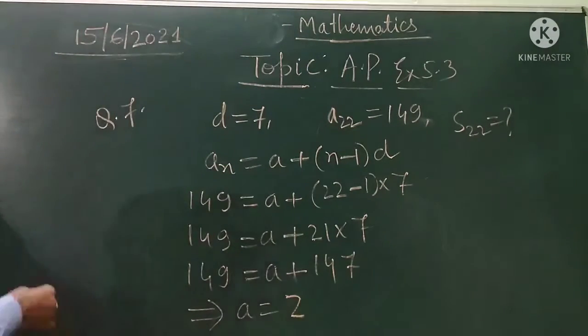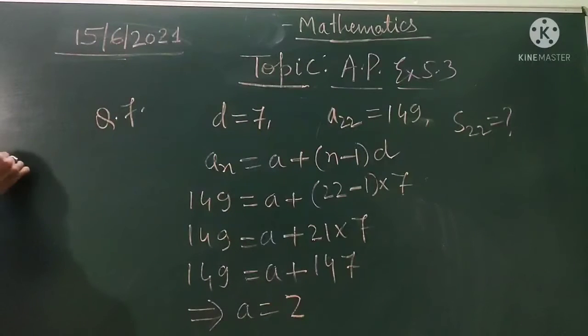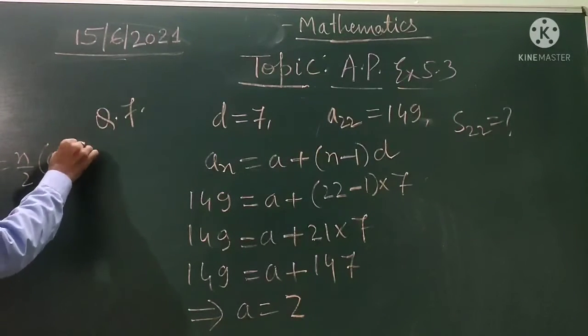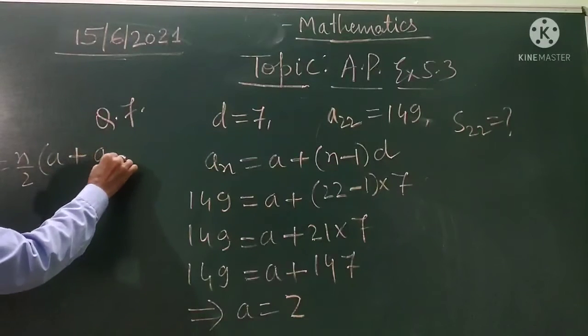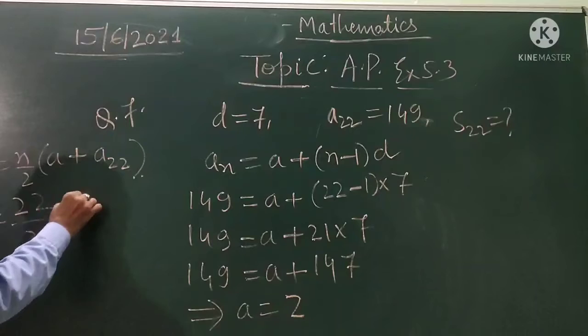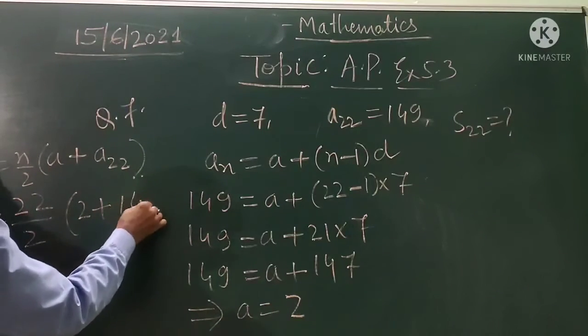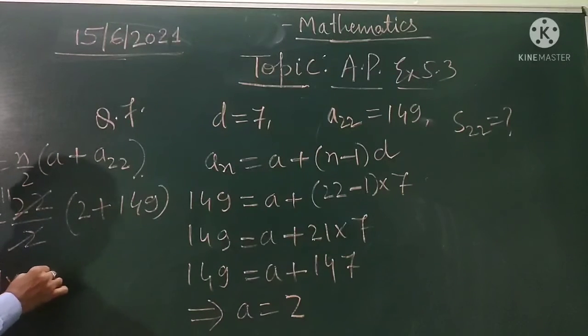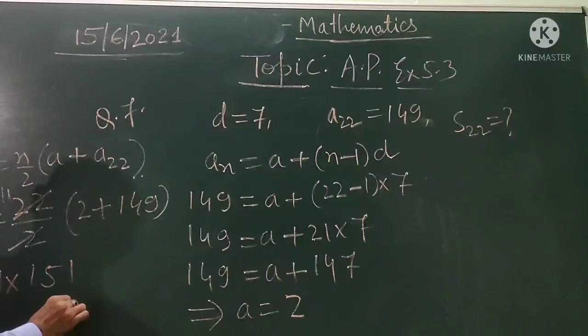Now there is a formula for Sn. Sn equal to n by 2 into a plus l. l means the last term, so it is a22. Now n equal to 22, so it is 22 by 2 into a is 2 plus 149. It is 11 into 151. 11 ones are 11.